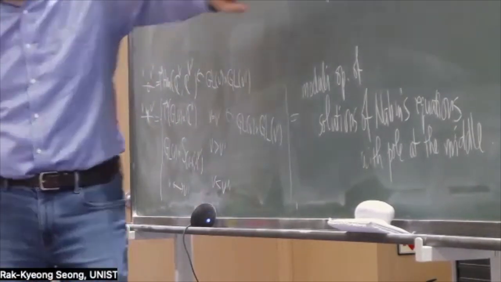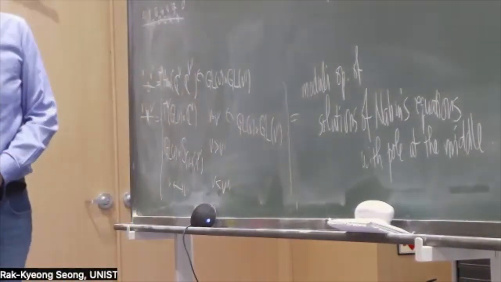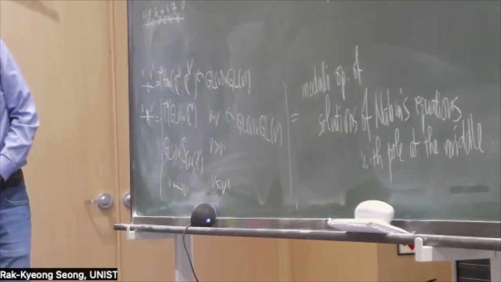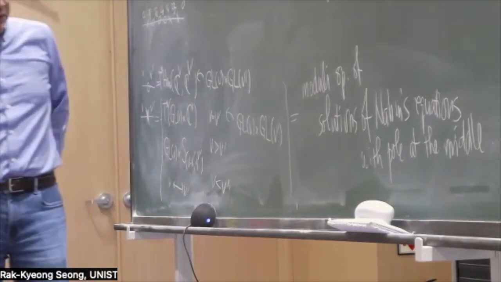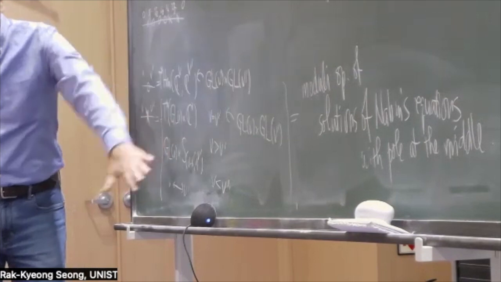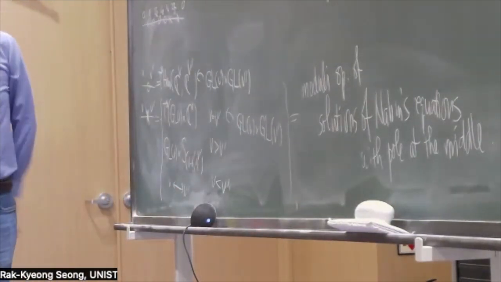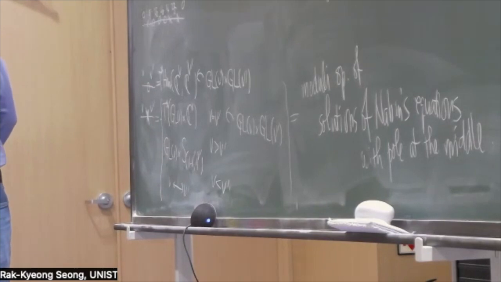This behavior is fixed by this choice of nilpotent. Anyway, this is some detail, but you have some concrete variety with an action of GL V times GL V prime.